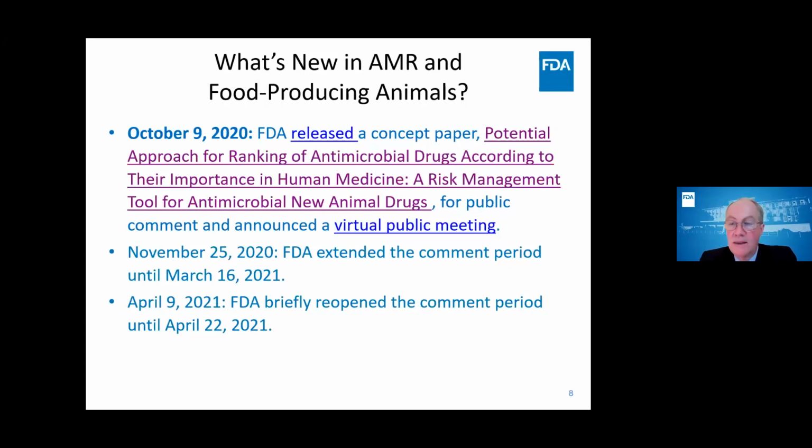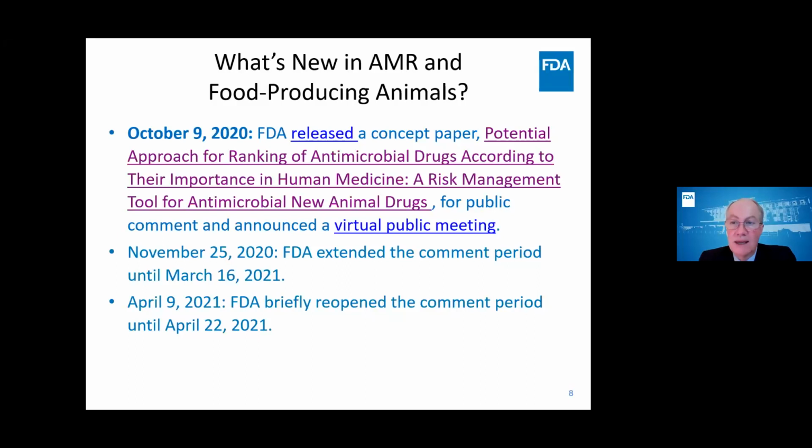So we have a guideline that we published in 2003 that outlines a framework for how we might take into account that qualitative risk assessment information. And this concept paper represents the first major update to this framework, potentially, since we released that guidance.